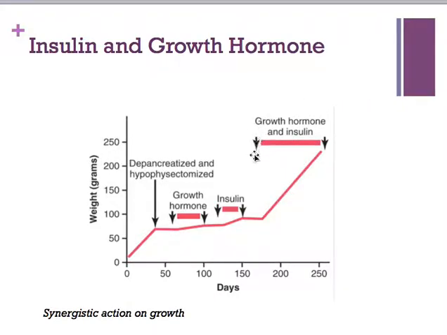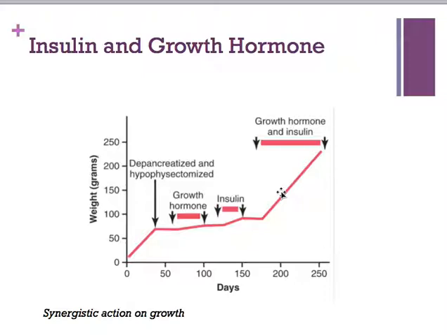And you can see that when that started, there was a pretty steep peak in weight in those animals. So what is hypothesized after this study was that insulin and growth hormone work in a synergistic way to promote growth. When something is synergistic, it means that they get together and they promote the activity of one another.